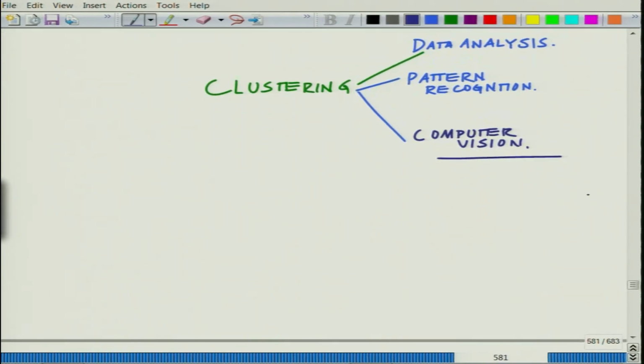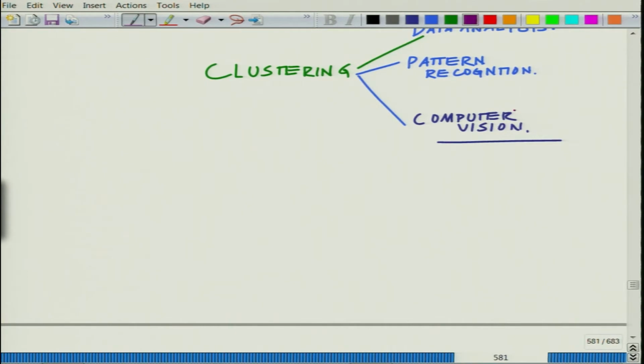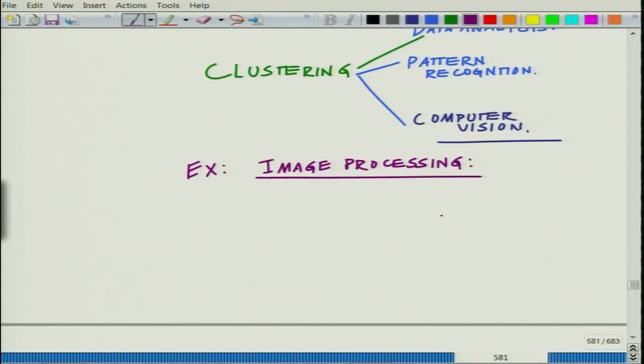For instance, let us take a simple example from this area of computer vision, or image processing, right. Given an image, one would perhaps like to segment that image into two parts. So, let us say you have a certain person or an animal in that image, you would like to segment the pixels of that image into two clusters, one corresponding to the pixels of the person and the other corresponding to the pixels of the background, alright. So, that is a classical example.